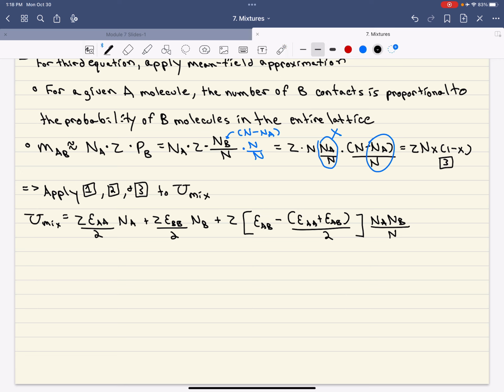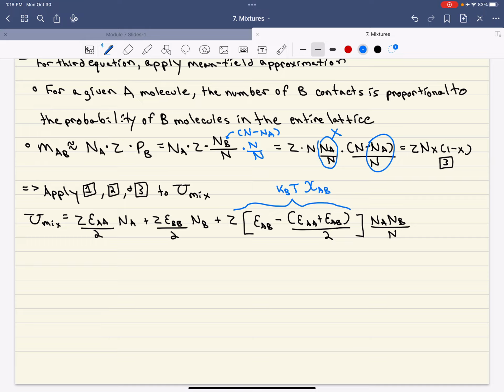Now, here we have this long energy term. To simplify it, we have to remember that this energy term is proportional to, or related to, the temperature of the system. So I'm going to rewrite this term as kBT, which accounts for the thermal dependence of the system. For the parts that don't depend on temperature, I'm just going to call this chi AB.